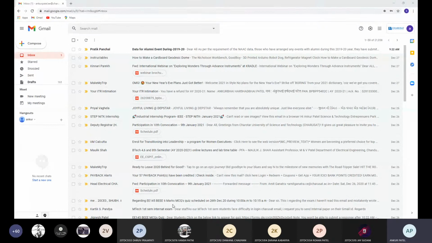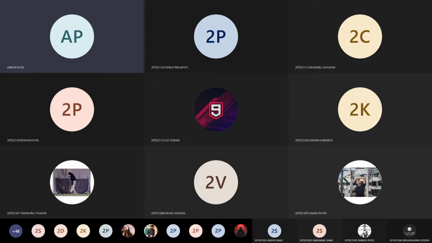I am sharing my screen. You all know about magnets. A magnet has the property of attracting pieces of iron. Each magnet has poles, north and south.